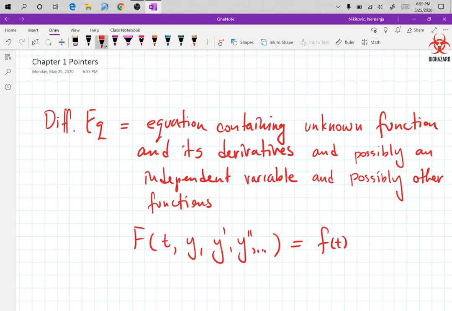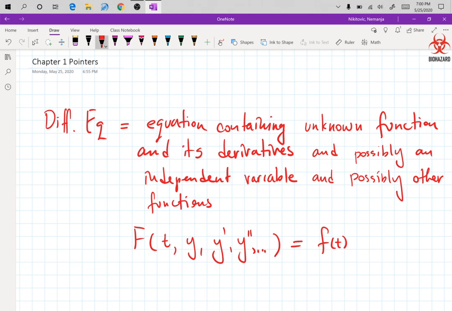Capital F is where you take the entire differential equation, put it all together, and this f at the other end could be what we call a driving term. You hopefully learned homogeneous versus non-homogeneous equation, when this is 0 and it's not 0 and so on. We'll have much more of that in chapters 2 and 3.